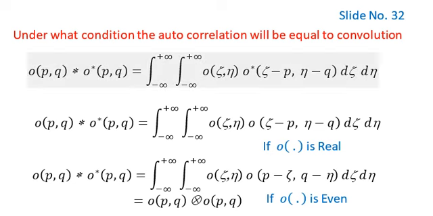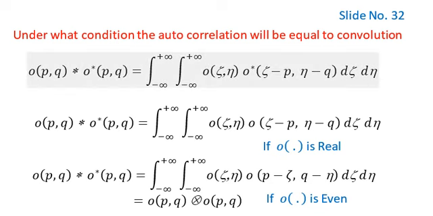Here in the first integral I am giving you the definition of the autocorrelation of the function, that is O at p comma q autocorrelated with the complex conjugate of O at p comma q is equal to the double integration of the integrand O at zeta comma eta multiplied by O conjugate at the coordinates zeta minus p comma eta minus q, and the integration is with respect to zeta and eta.